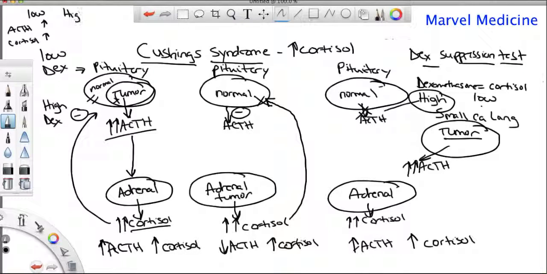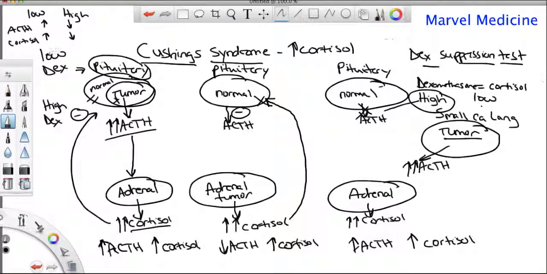Now they gave a high dose dexamethasone. What happened? ACTH decreased and cortisol decreased. With high dose dexamethasone, you will see some decrease in ACTH and cortisol in a pituitary tumor. Remember that. Why? Because of negative feedback. But with low dose, not so much. Nothing really will happen. It'll remain high.